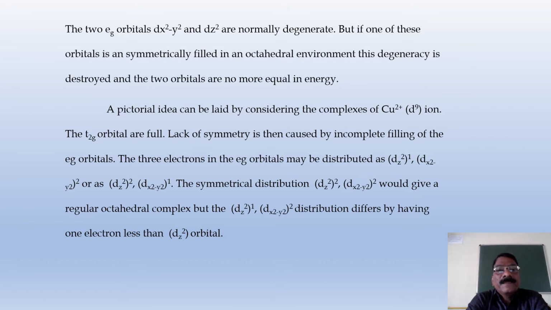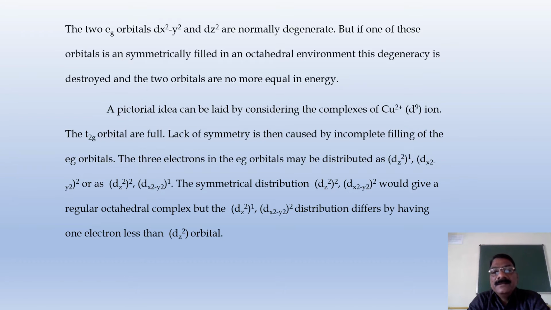A pictorial idea can be laid down by considering the example of the Cu2+ d9 system. The t2g orbitals are full. The lack of symmetry is then caused by incomplete filling of the eg orbitals. The 3 electrons in the eg orbitals may be distributed as dz square 1, dx square minus y square 2, or dz square 2 and dx square minus y square 1.